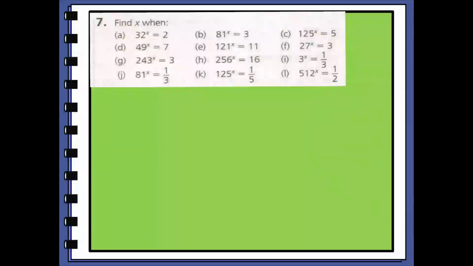Okay, we move to question 7. So for A, it's saying find x when 32 power x equals 2. So what we know is that we need to ask ourselves, we need to make the base the same.